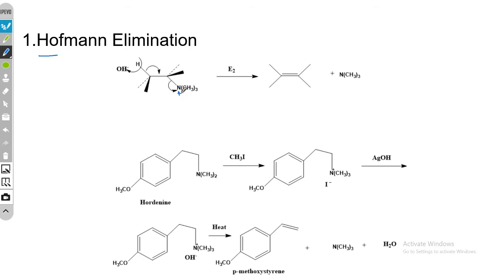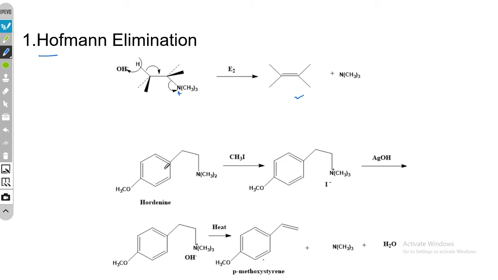Hofmann elimination is actually an elimination of quaternary ammonium hydroxide to form an alkene. This is an example of methylation and formation of alkene.